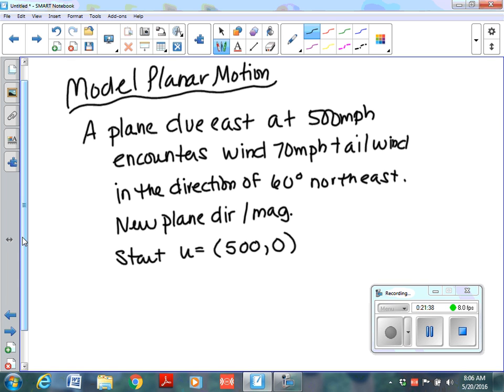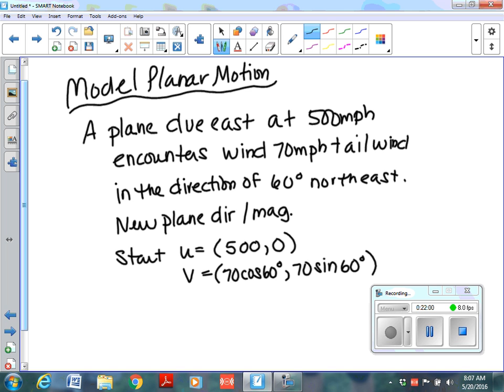For the vector v, I need to end at the ending vector, and the ending vector is 70 times the cosine of 60, and 70 times the sine of 60. This will give us our ending.